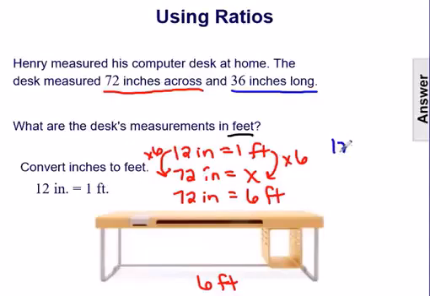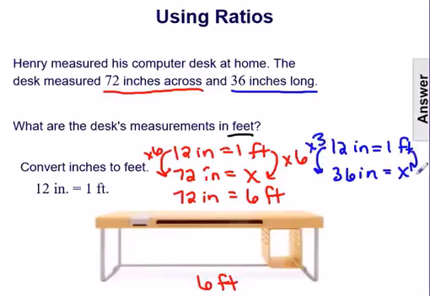Again, we know the same unit rate, 12 inches equals 1 foot, and we're looking for 36 inches equaling an unknown amount of feet. Well, from 12 to 36, you're multiplying by a factor of 3. You could always do 36 divided by 12 to see that 36 inches is going to equal 3 feet. So that desk is 3 feet by 6 feet.